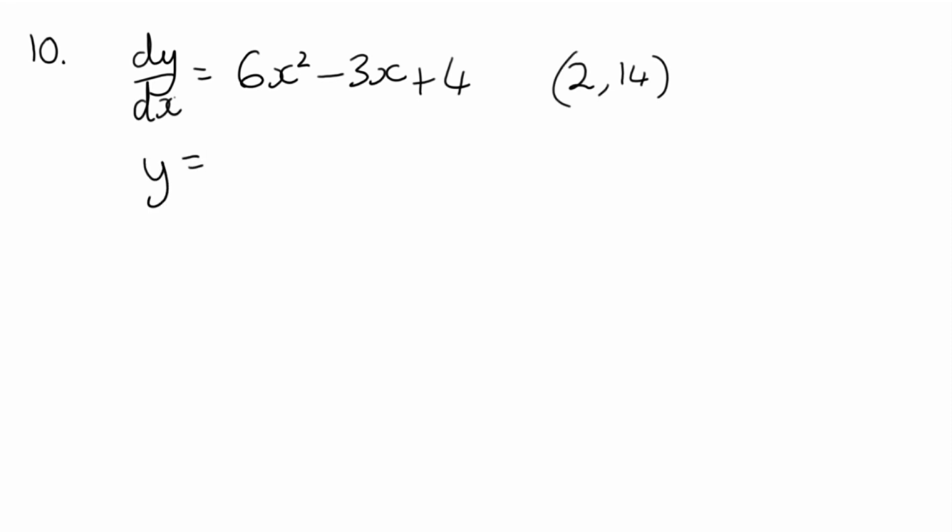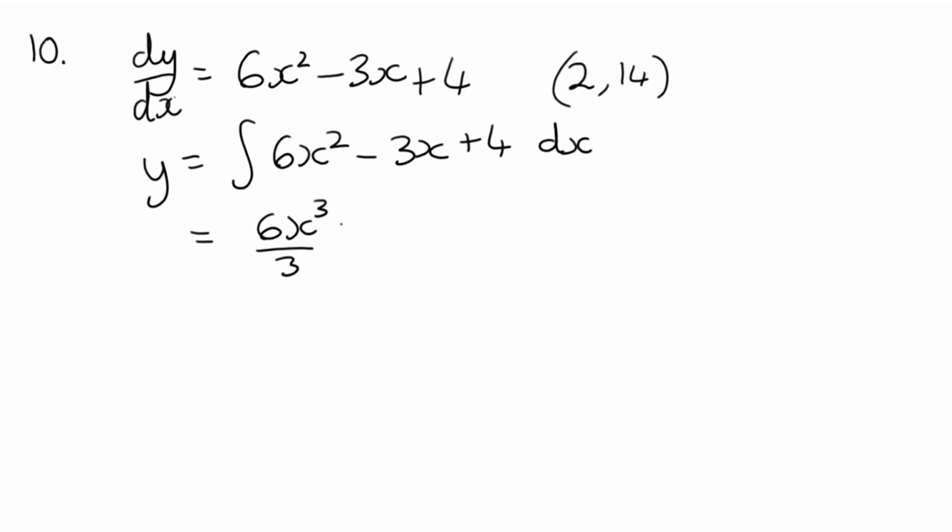So y is going to be the integral of 6x squared minus 3x plus 4. Make sure you put your dx in, don't lose marks for that. Okay, so add 1 onto the power, divide by that new power, and just remember to put an x on numbers. Also, we must have a plus c in.